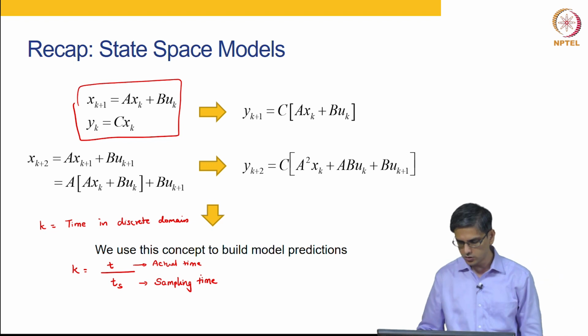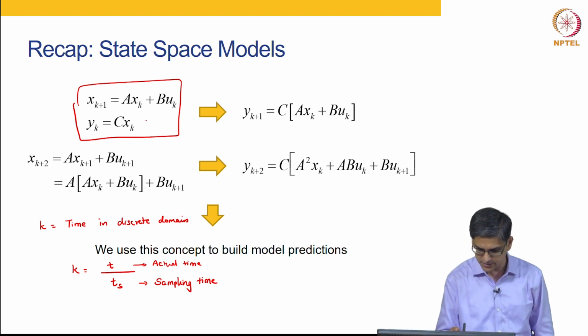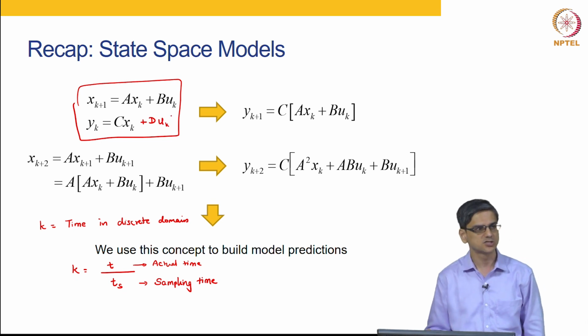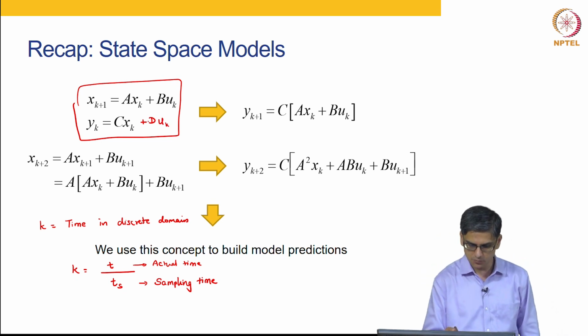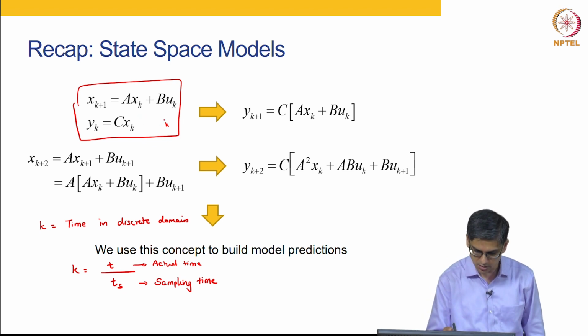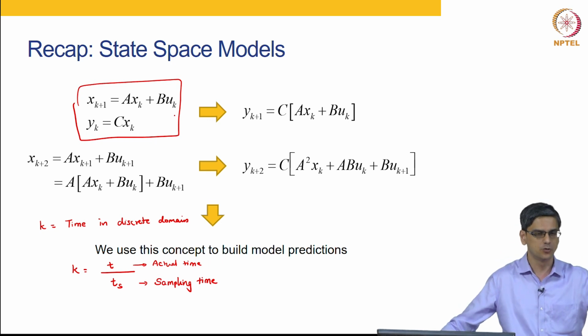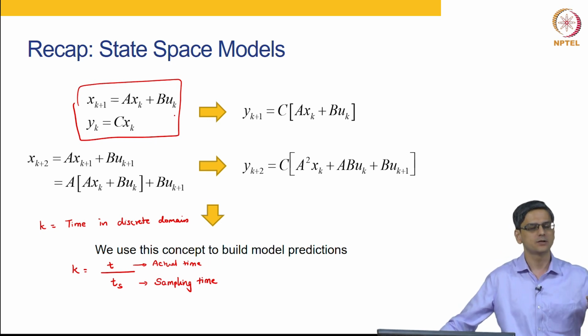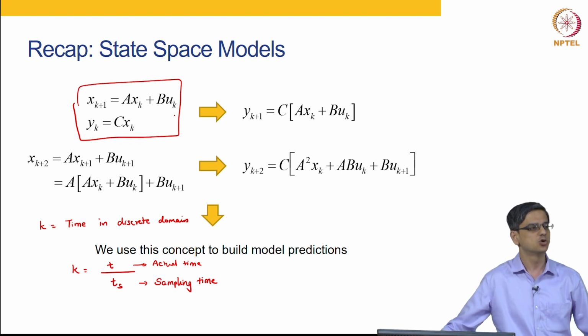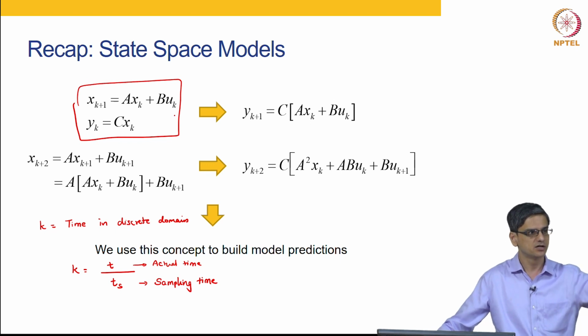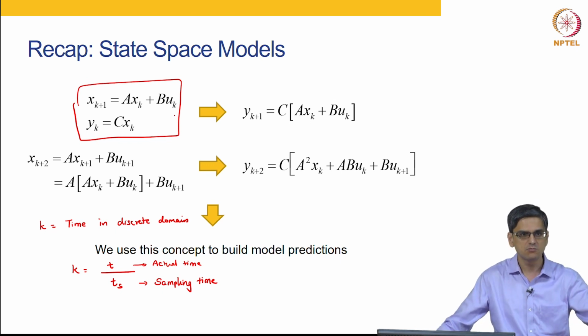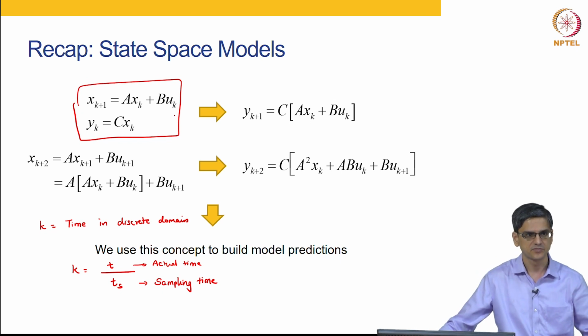Often you would have seen models of this type. We are going to assume the models to be causal, which basically means the input affects the output not immediately, but at least one time step into the future. Let us say you change your inlet flow rate, your system does not respond immediately.